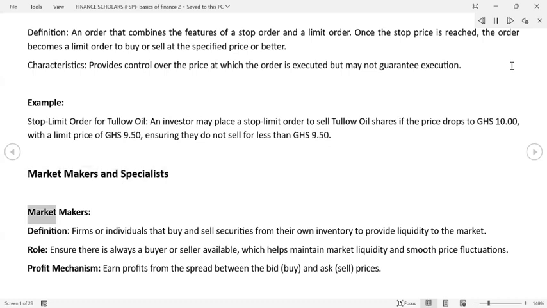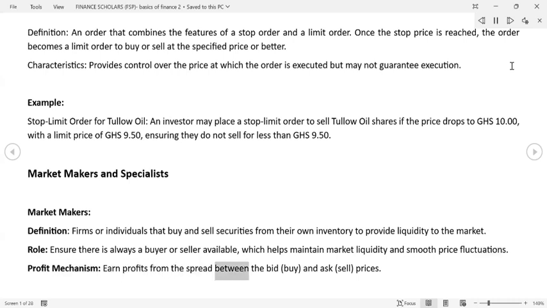Market makers and specialists. Market makers. Definition: firms or individuals that buy and sell securities from their own inventory to provide liquidity to the market. Role: ensure there is always a buyer or seller available, which helps maintain market liquidity and smooth price fluctuations.